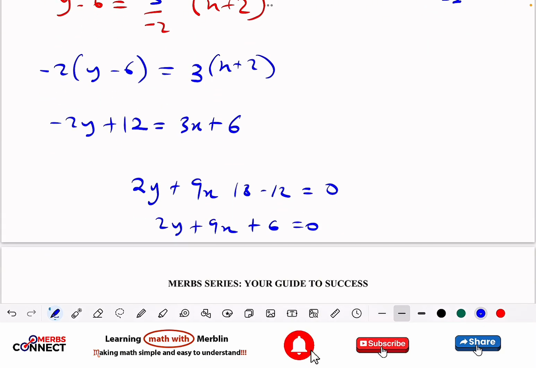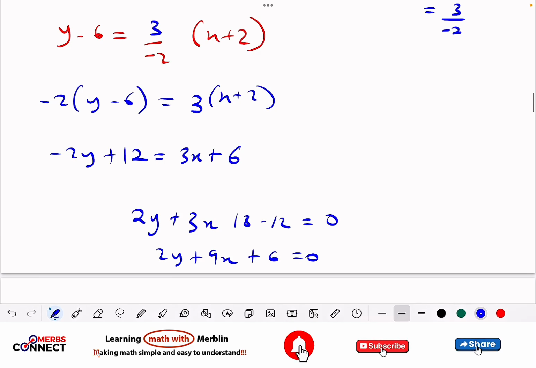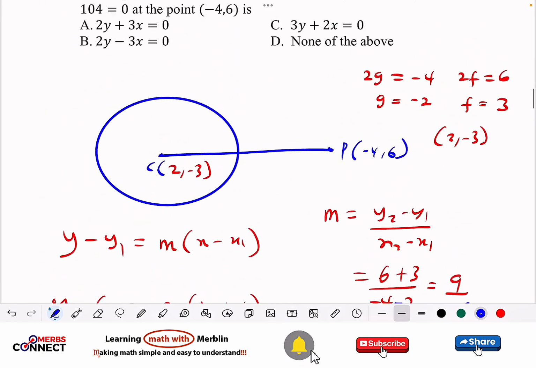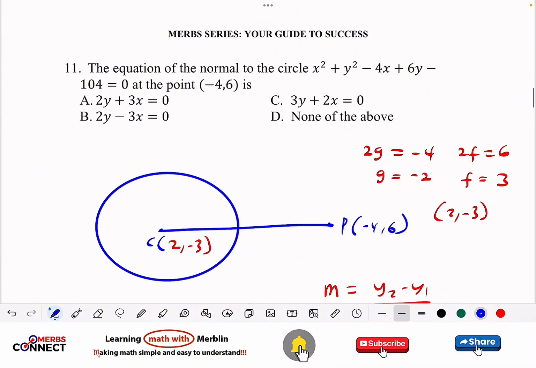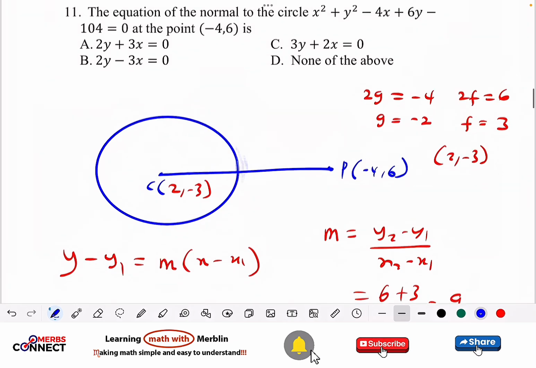So now I'm going to have 2y. This one is going to be 3, and this is going to be, it's still the same. Okay, let me just finish. So this is now going to be 6 minus 12, and this is going to be minus 6, and this is going to be 3. So you have 2y plus 3x, but that one is equal to 0.